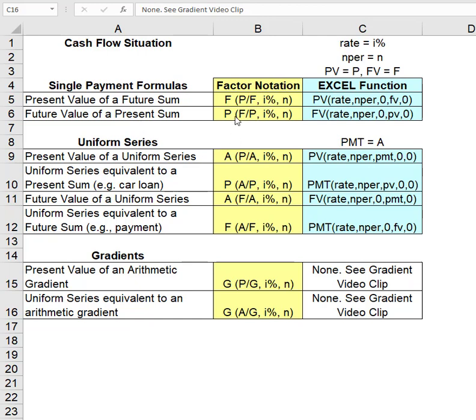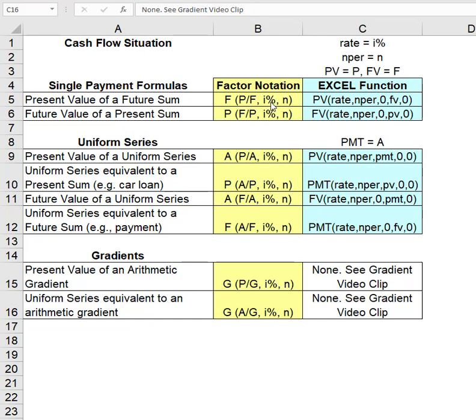With factor notation, we calculate, for example, the present value of a future sum using factors that we multiply by the future sum that we're referring to. This particular method has a notation with three arguments in it. The first one, for example, P over F, refers to finding the present value of a future sum, the present amount factor.